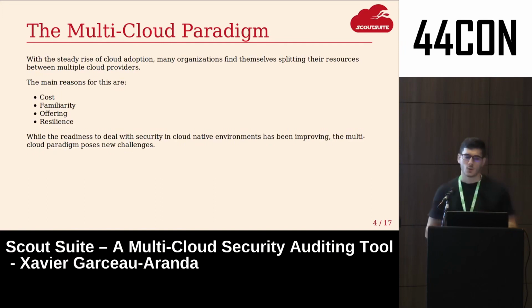So at NCC, what we've been seeing in the last 2 or 3 years is that organizations' security posture when it comes to AWS has really been improving greatly. But obviously, as organizations have started moving away from AWS and deploying resources in Azure, Google Cloud and other cloud providers, they have to go through the whole process of learning and implementing security again.